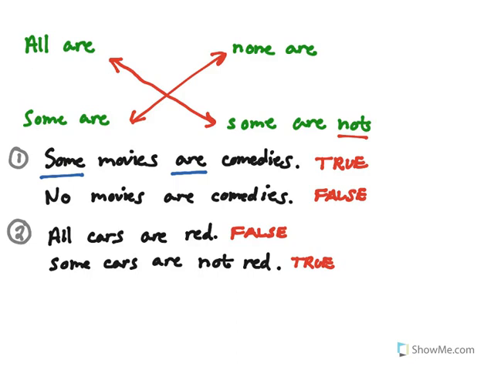So in order to negate an all quantifier, we have to say some cars are not red, and the keyword is not. So I should probably underline these, right? Some are not, right? And then we started off with all are. The negation would be some cars are not red.